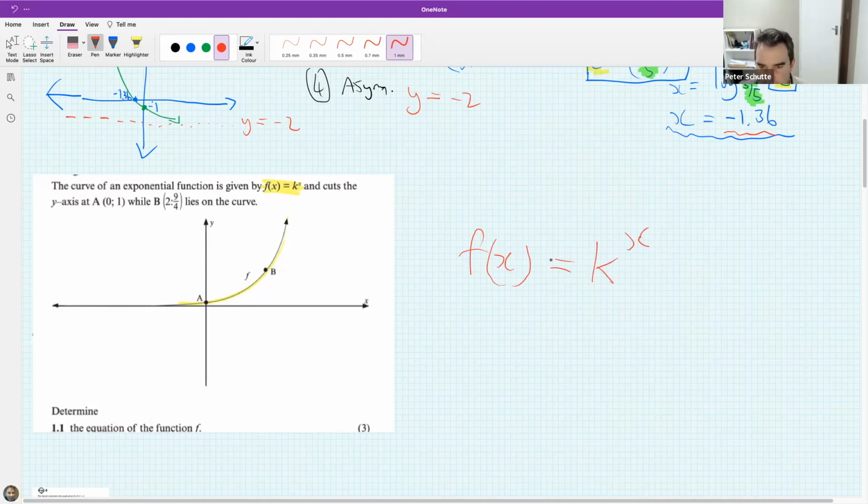I want to find out what the equation of f is, which really is just saying find the value of k. Who has an idea as to how we could find the equation of this exponential? Any ideas from the class?